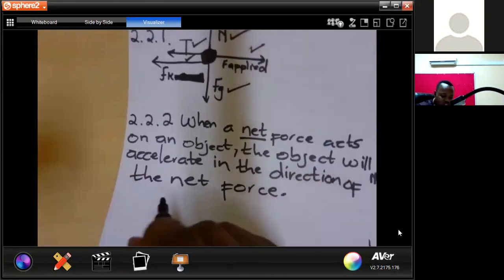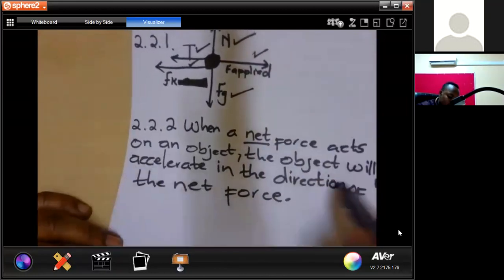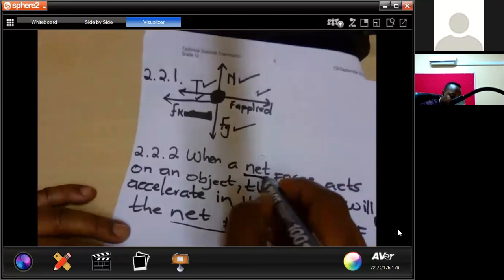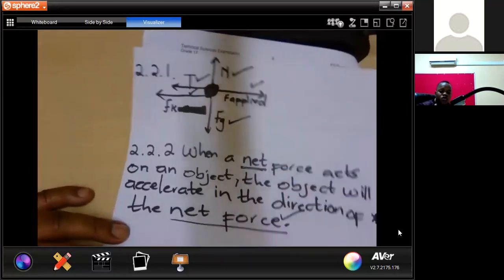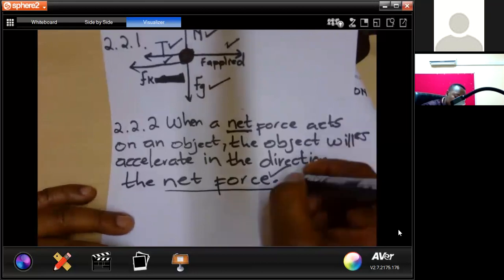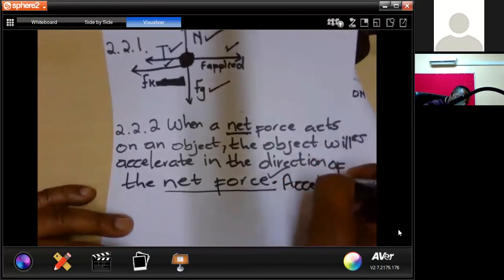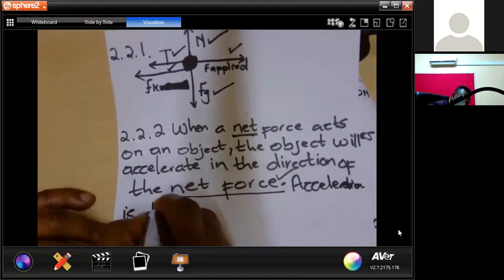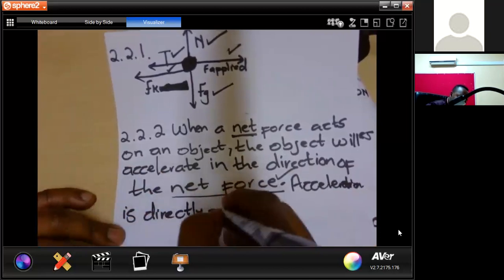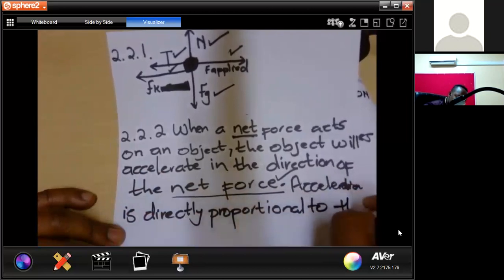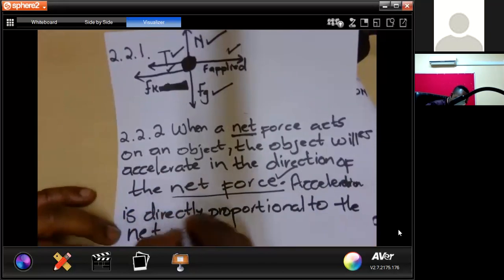Then you have given us that now there is a net force acting on an object, so it causes the object to accelerate in the direction of the net force. Remember, for the first part, that net is compulsory, so it will give you 1 mark. Then, after that, you must give us the relationship between acceleration and net force. So we will say acceleration is directly proportional to the net force.